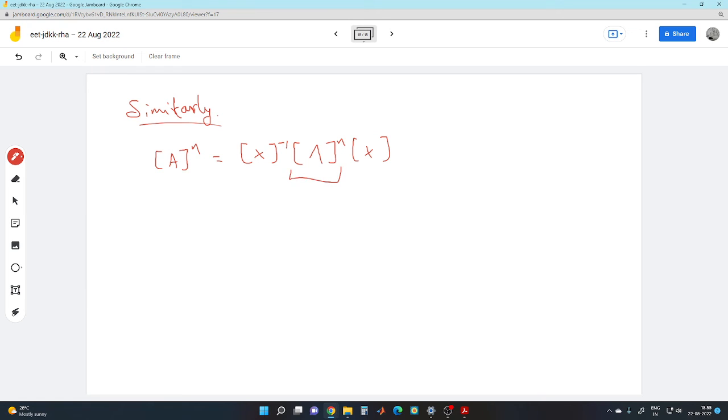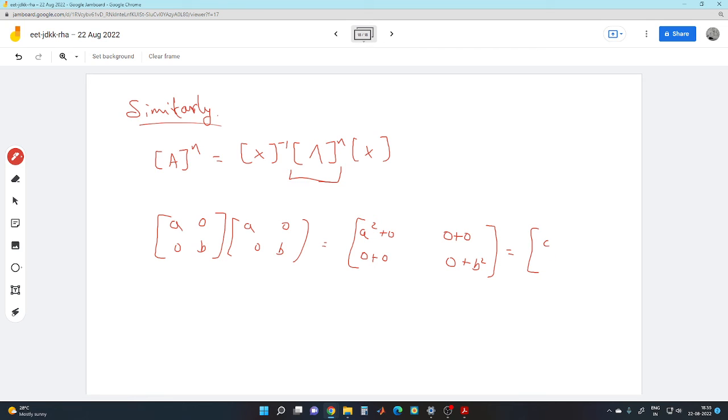Now this is again a power of n, but due to it being a diagonal matrix, it becomes much easier to solve. Like if it is a, 0, 0, b multiplied by a, 0, 0, b, this becomes a square plus 0, 0 plus 0, 0 plus b square.